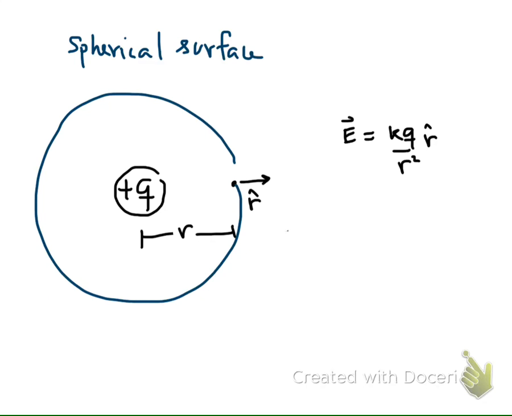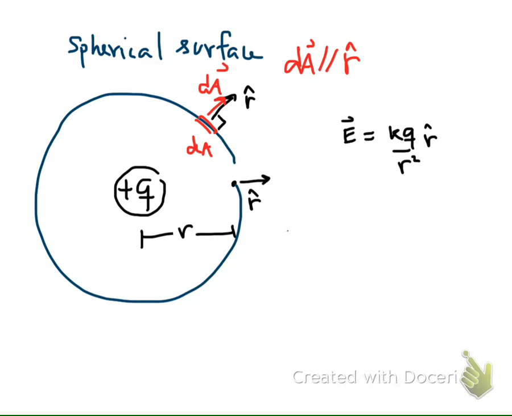So we can see that the unit vector r will be perpendicular to the surface at any point on this spherical surface, which means that if I define the differential vector dA like this, we will have that dA is parallel to the vector r.